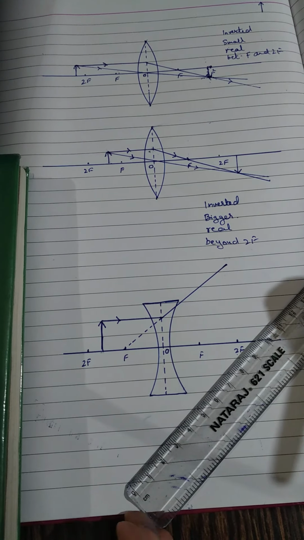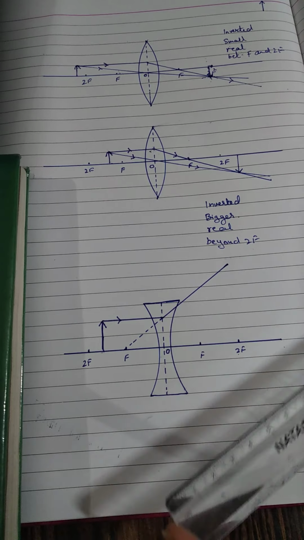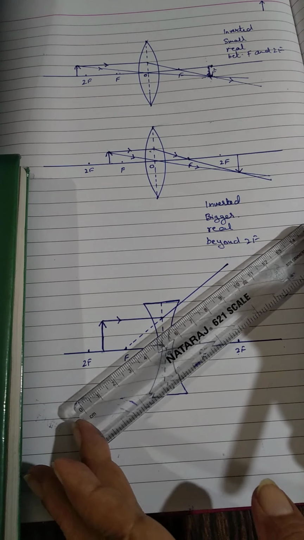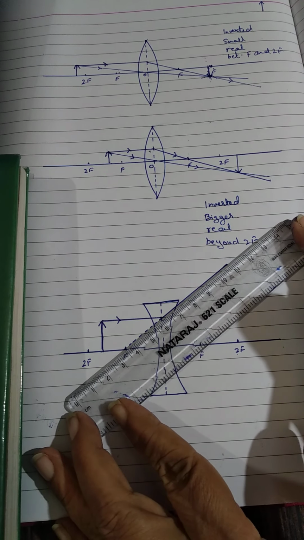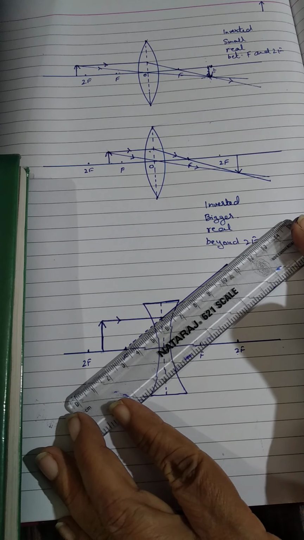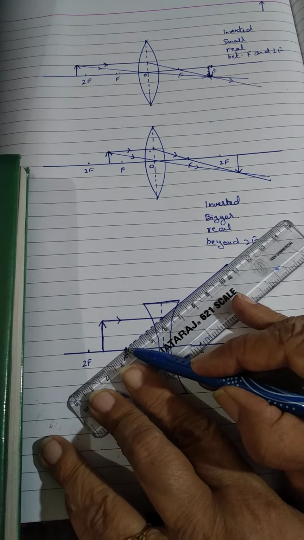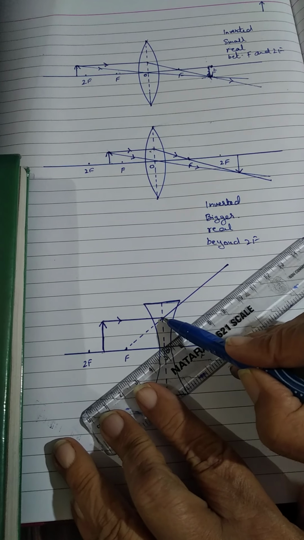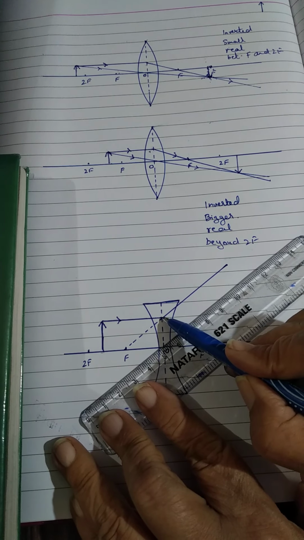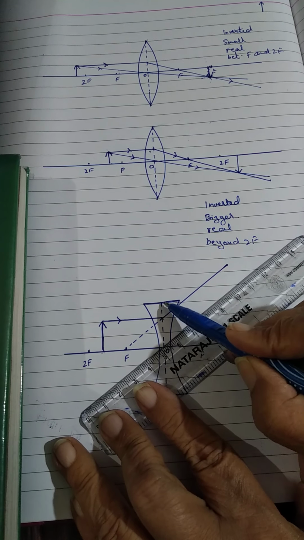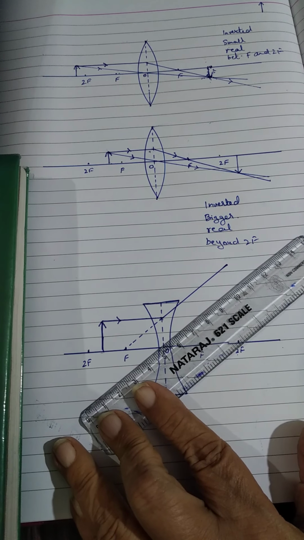I didn't remove the scale. I just placed the scale in a position where it was just above this focus point and this point where the incident ray touches the central line of the lens.